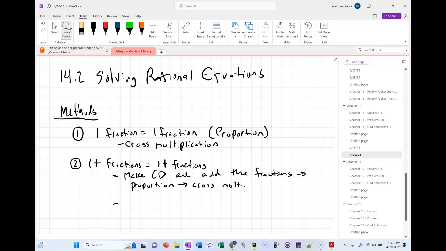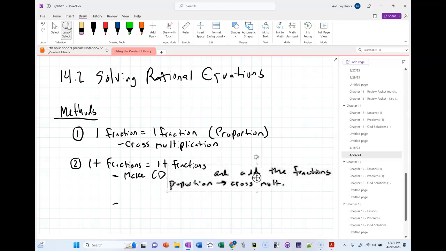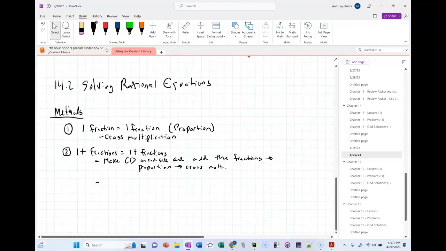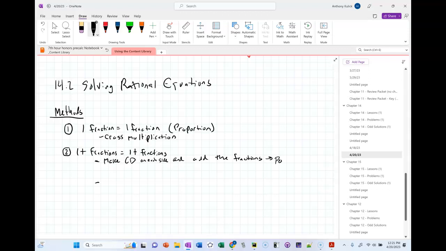Let's revise this, because this is a little bit too strong. So if we just need to make a common denominator on each side, you could have a different common denominator on the left-hand side and a different common denominator on the right-hand side.